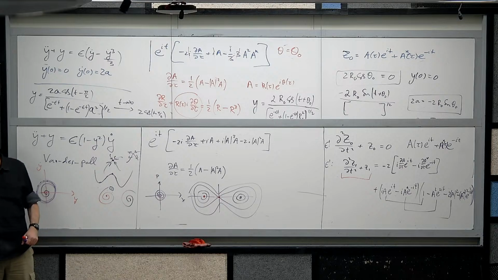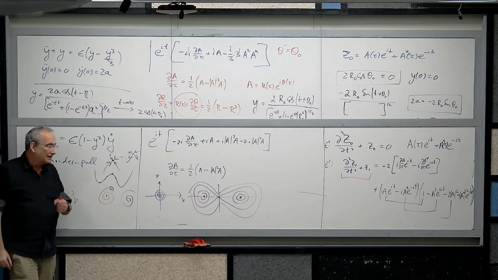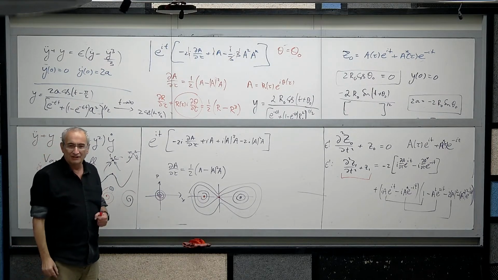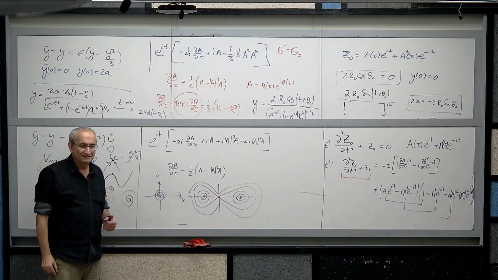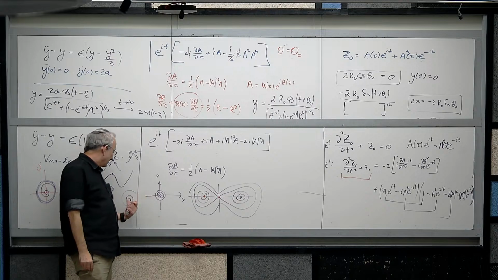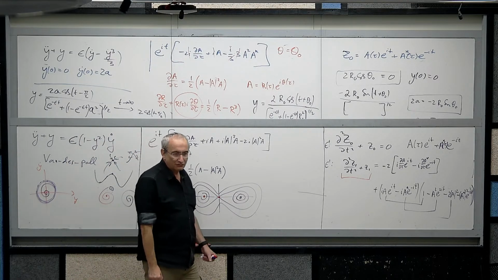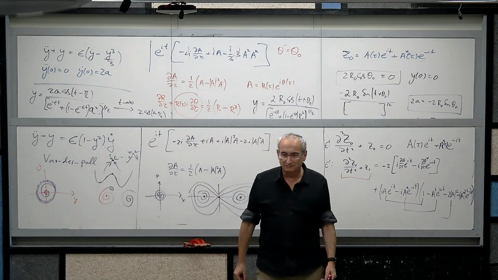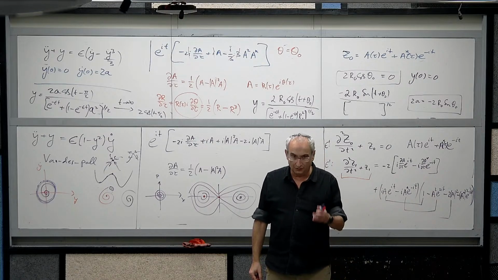And what else do you have in physics? You have systems with fixed points, with attractive and repulsive fixed points, you have limit cycles, and chaotic attractors.